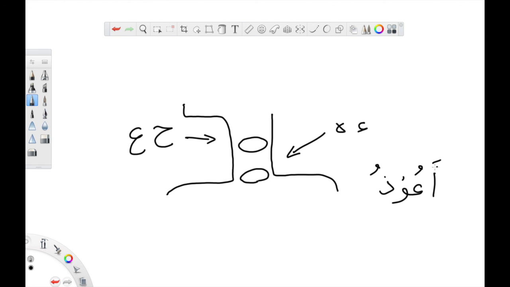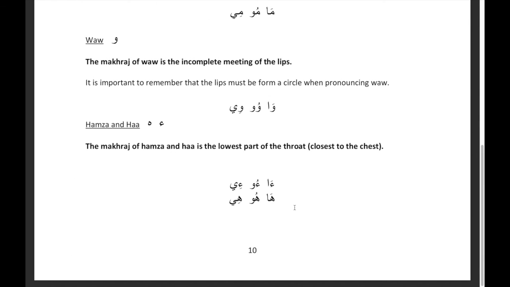So this right here is a Hamza, at the bottom of the throat, and the center of the throat is Ain. So it's a little bit tricky to switch from the bottom to the middle, but with practice it will come, inshallah. So let's go through these. U, E, and Ha, Hu, He.